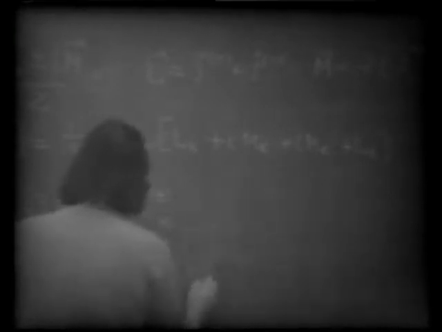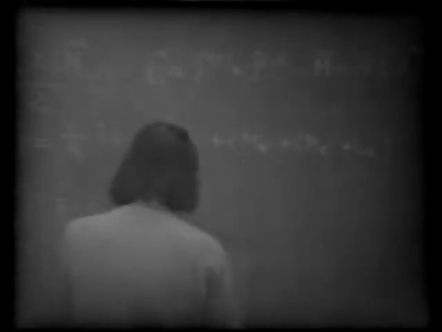Now what about [J+i, J-j]? Well, once again, I have a 1/4 and an i epsilon_ijk. Now let's see. L with L gives me Lk.